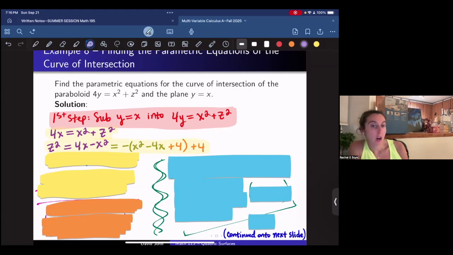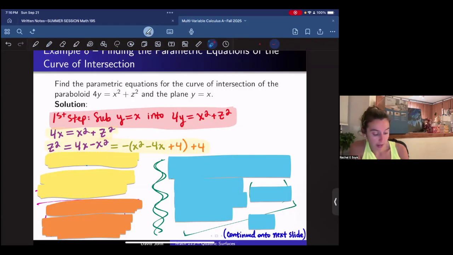And so our next step is we are going to see if we can complete the square with this quadratic function. I personally don't like negative values for that leading coefficient. So what I'm going to do is I'm going to actually first factor out a negative.